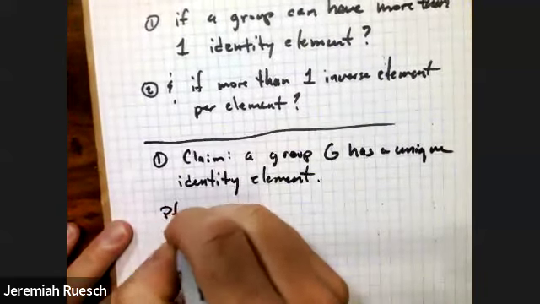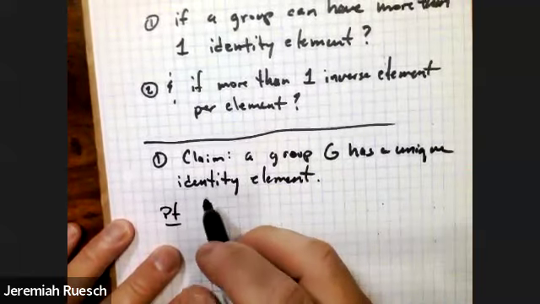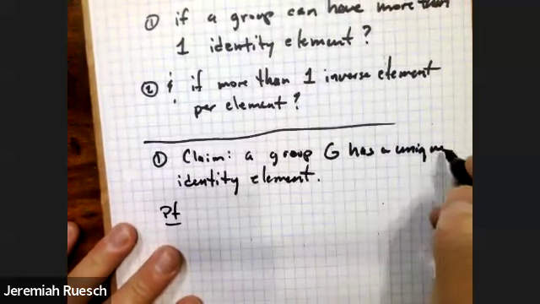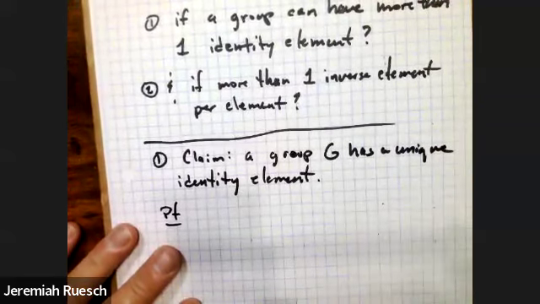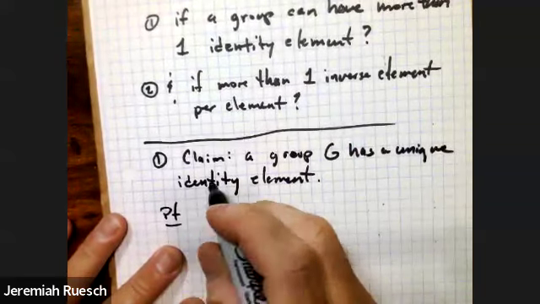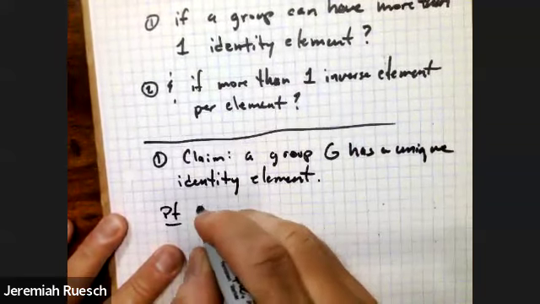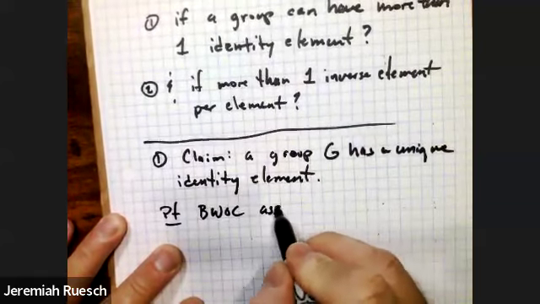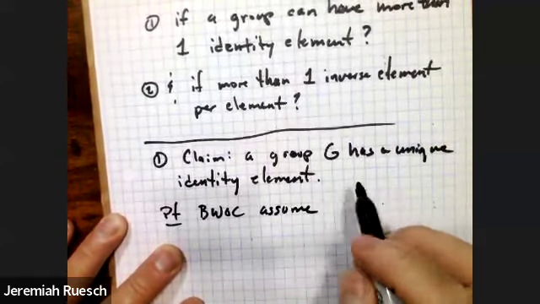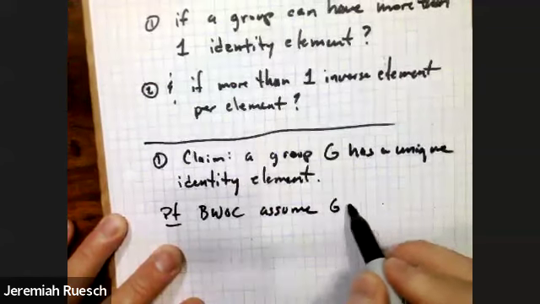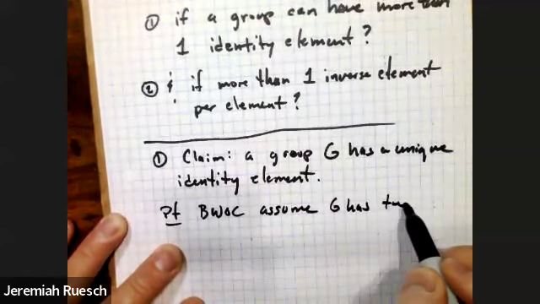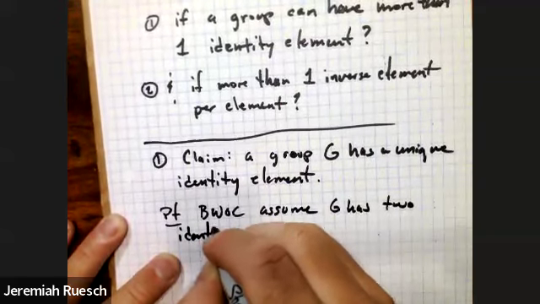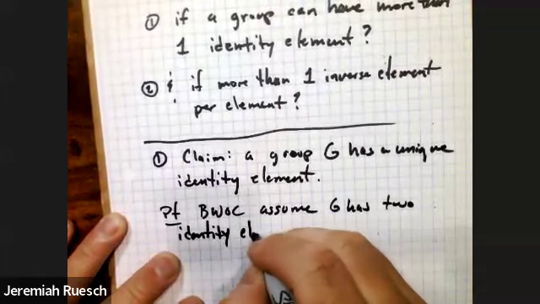So the proof of this is pretty straightforward. In these kinds of things, especially with uniqueness, the way that you usually show something like this is to assume otherwise, and then by way of contradiction, arrive at a contradiction. So let's assume G has two identity elements.